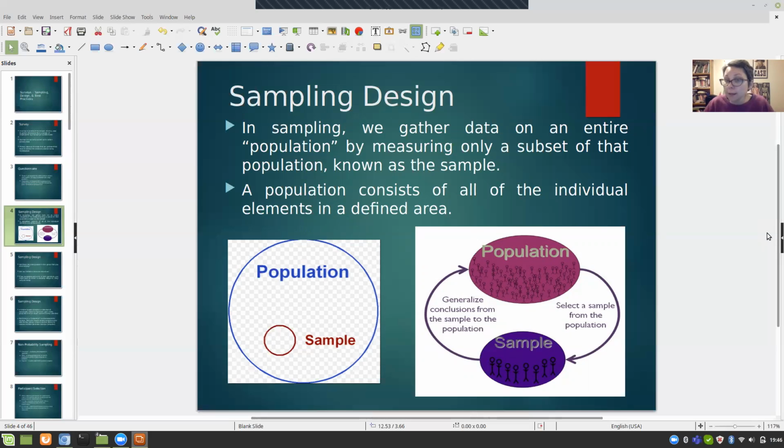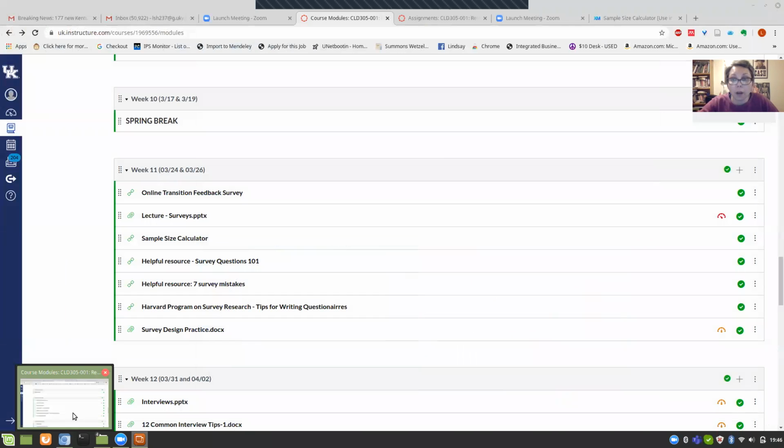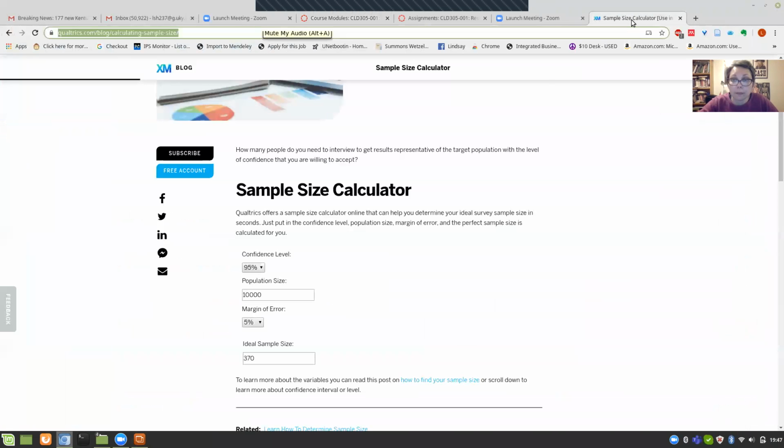How can that be? Well, that can be because there are statistical wizards out there who can calculate the exact sample size. For our purposes, we use a sample size calculator, okay? And this is going to tell you the minimum number of people that you need in order to be confident in your results.